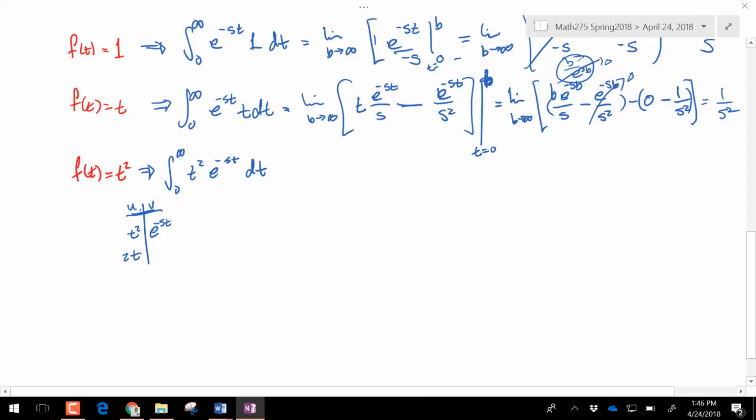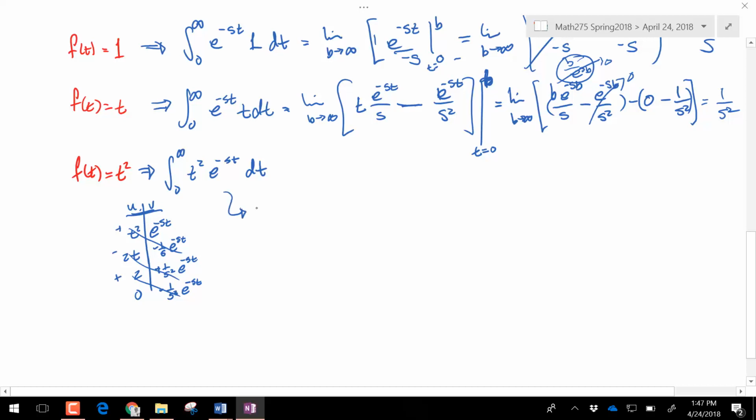So this is 2t and 2, and then zeros for the rest. And this is negative 1 over s, e to the negative st, positive 1 over s squared, e to the negative st, and negative 1 over s cubed, e to the negative st. And I think they alternate signs, right? Plus, minus, plus.